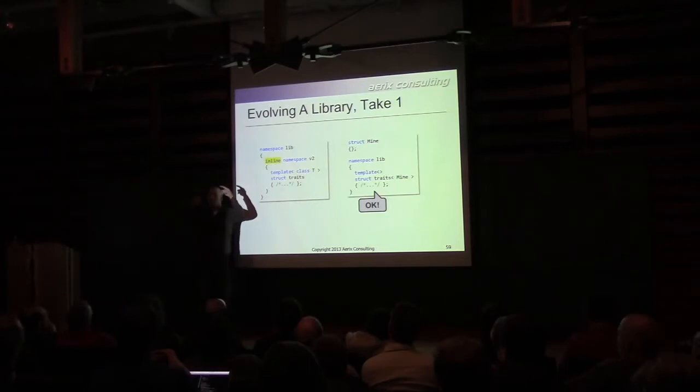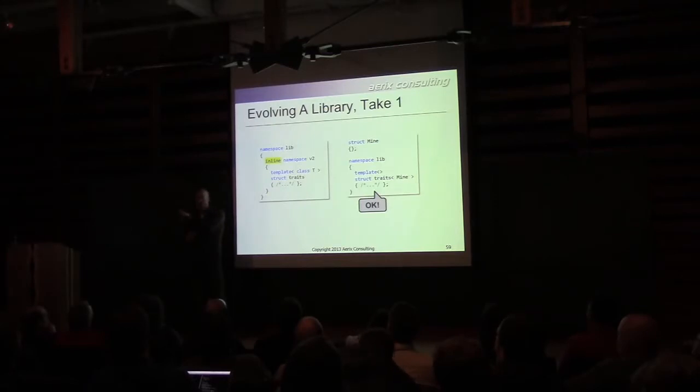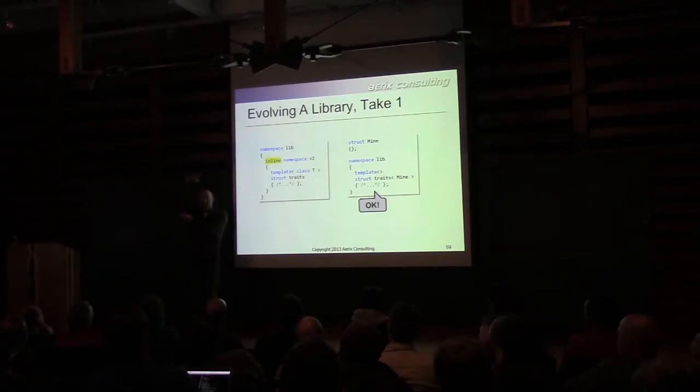If I have namespace A, namespace B, struct S. Since S is in B, which is in A, B and A are associated namespaces of S. That means whenever I call a function and pass it an S, and that function call is not qualified, then ADL is going to happen, right? So it's going to look in namespace B and A because those namespaces are associated with S.